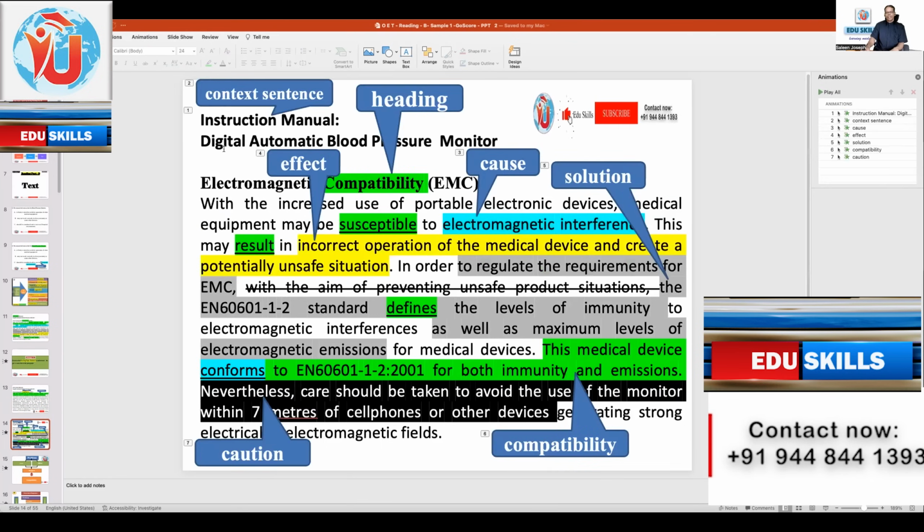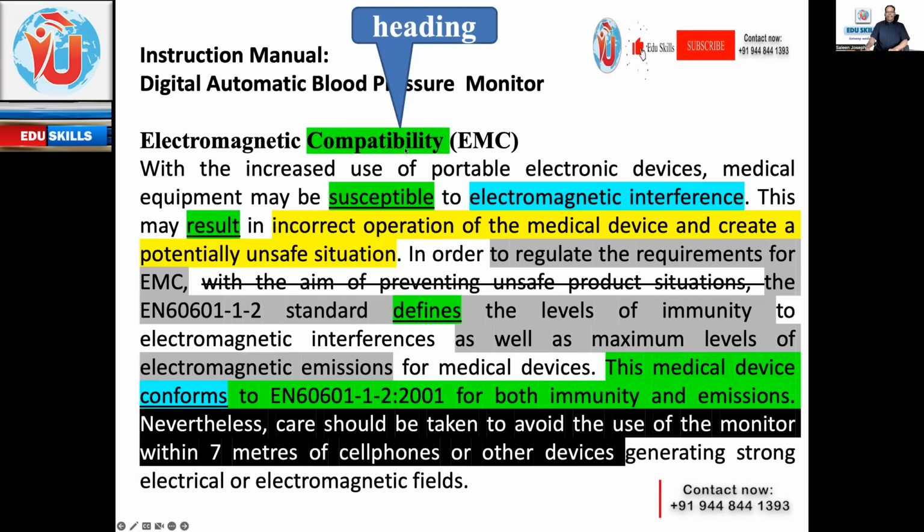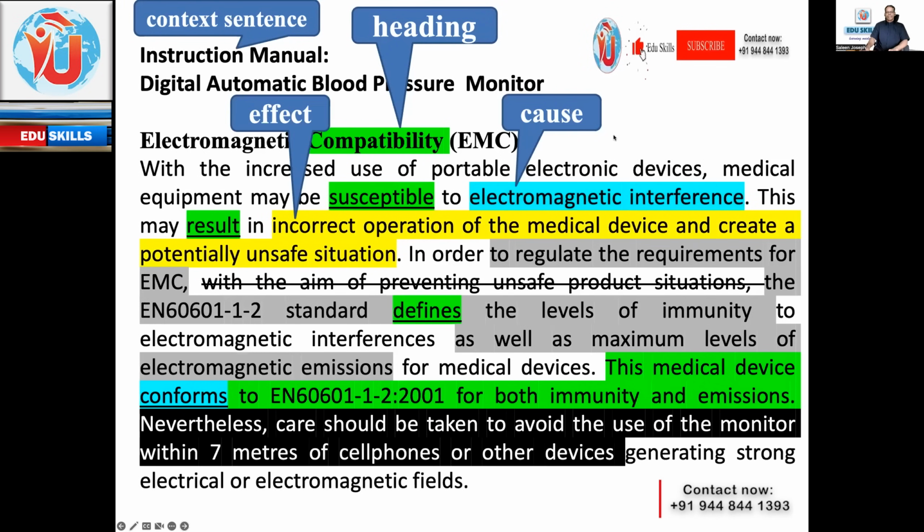Now let's go deeper into it. Now you see the heading, compatibility. The result and cause and effect language I already explained. And now the context sentence is instruction. Cause is electromagnetic interference. Effect is incorrect operation of the medical device and creating a potentially unsafe situation.